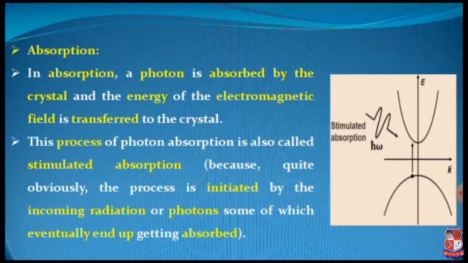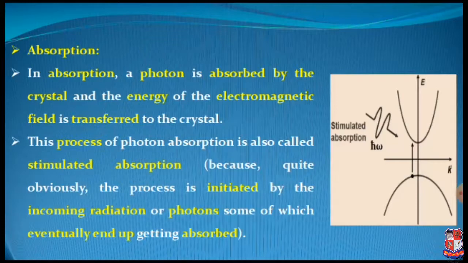So whenever an electron travels from the valence band to the conduction band, remember the material will have the excess amount of energy. This process of photon absorption is also called stimulated absorption. This is very important. The word stimulated absorption is used because, quite obviously, the process is initiated by the incoming radiation.